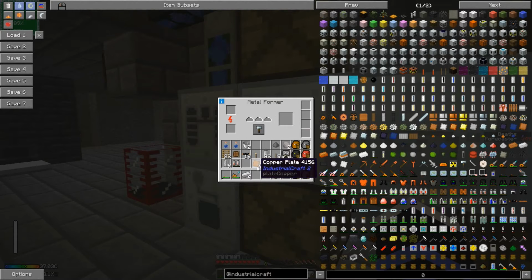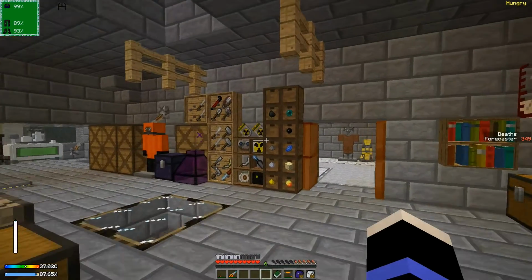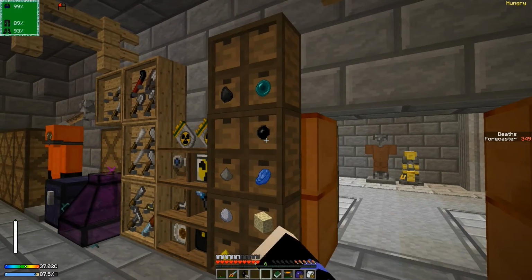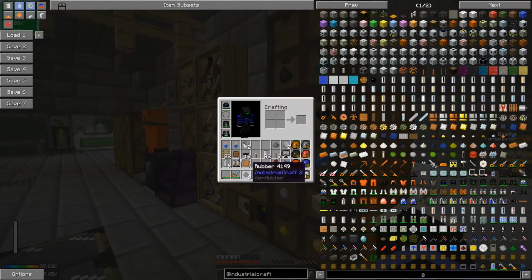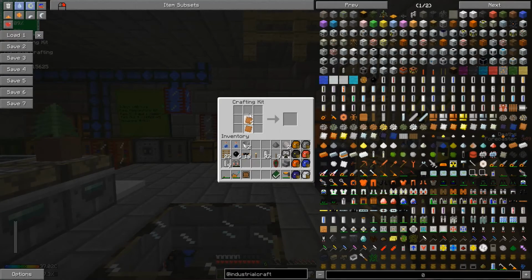There we go. We're actually going to want to roll these again to get the item casings. Although 3 of these plates are going to go to the heat exchanger, or what's it called? Heat conductor.